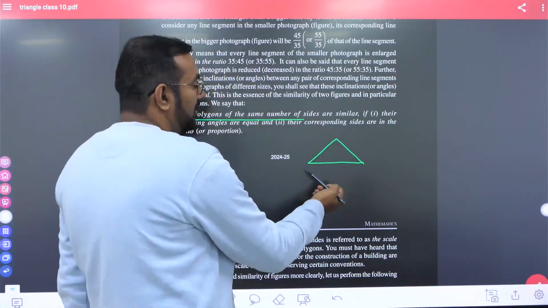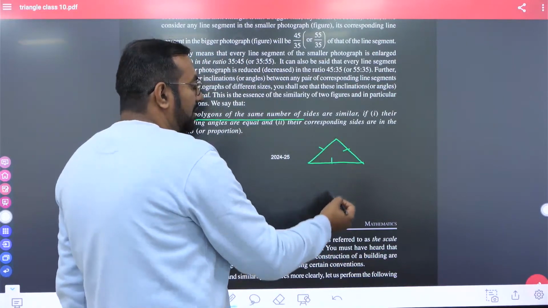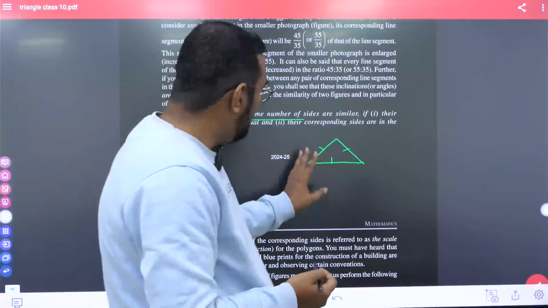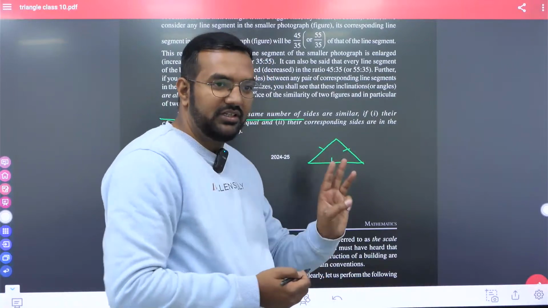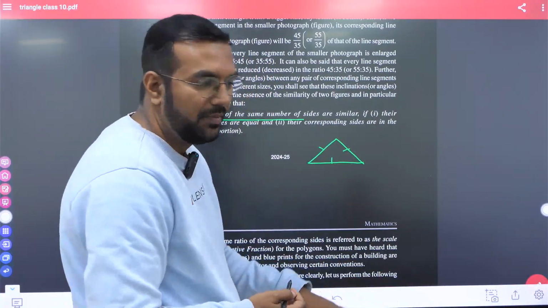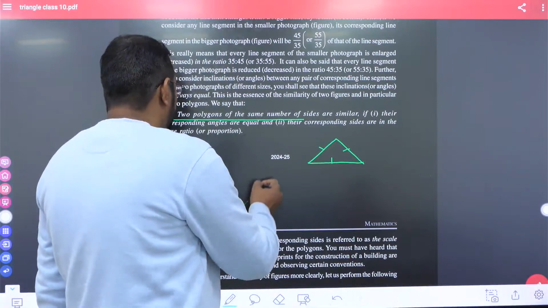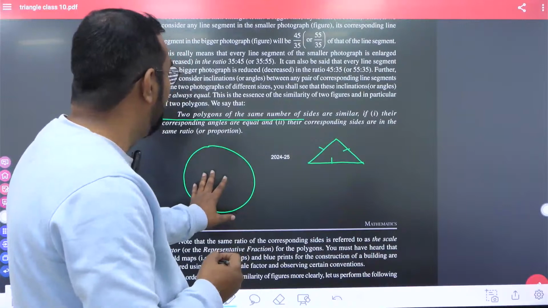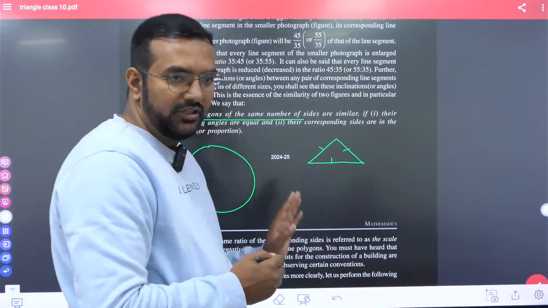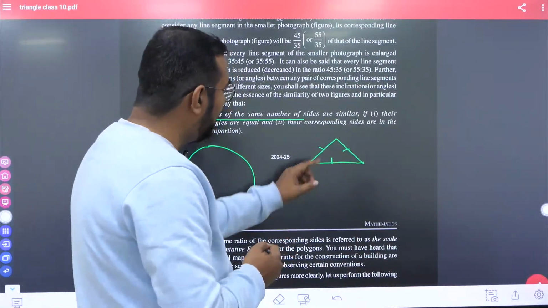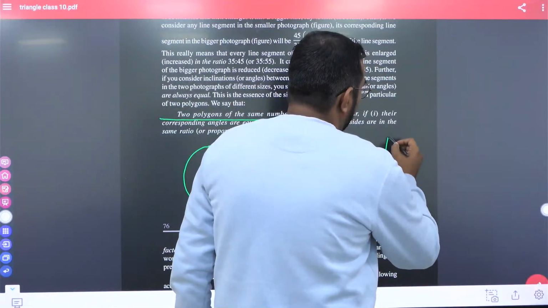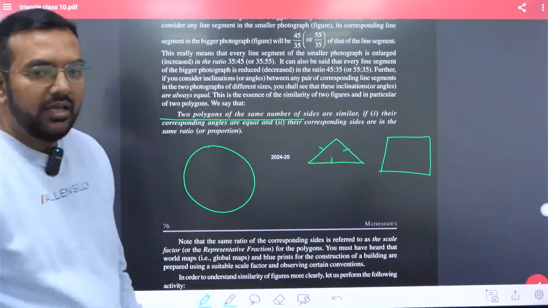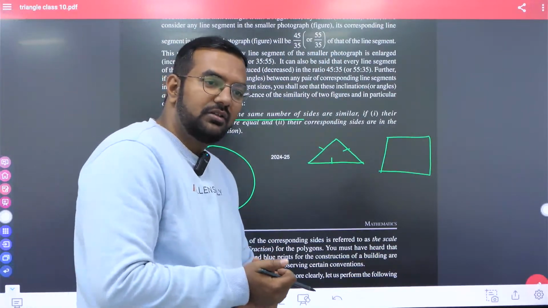The minimum number of line segments required to make a polygon is 3, so the smallest number of sides a polygon has is 3, and that is a triangle. Is a circle a polygon? No. A circle is a closed figure but not made by line segments, so it is not a polygon. A triangle, quadrilateral and pentagon are polygons. Similarly, any closed figure made by line segments is a polygon.